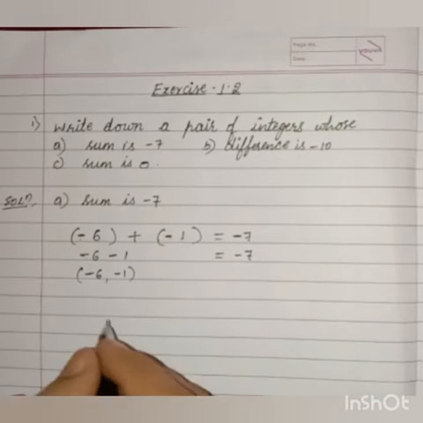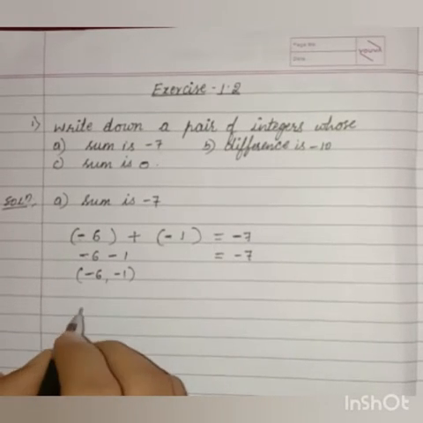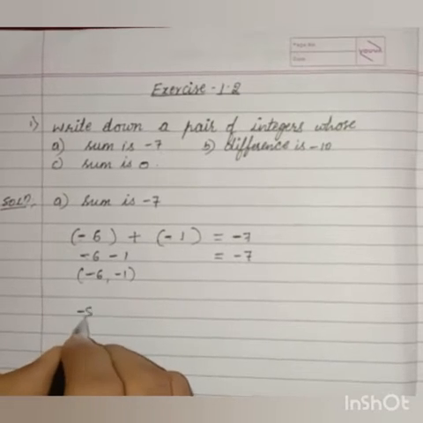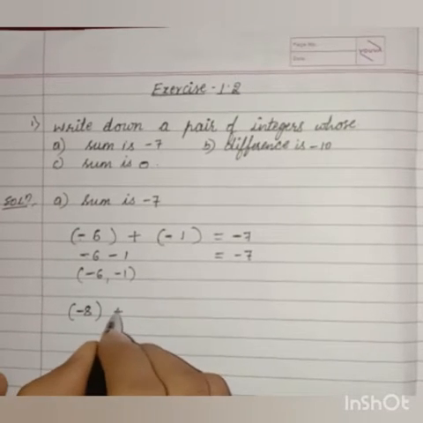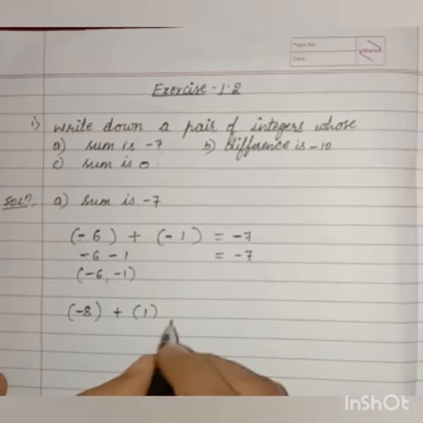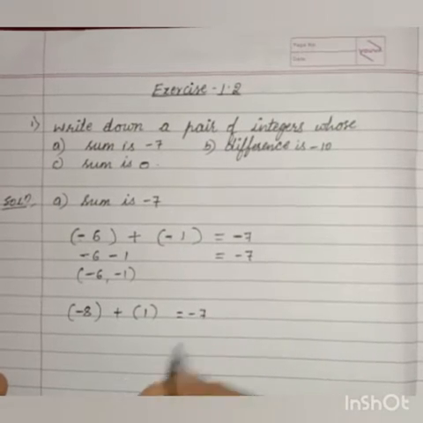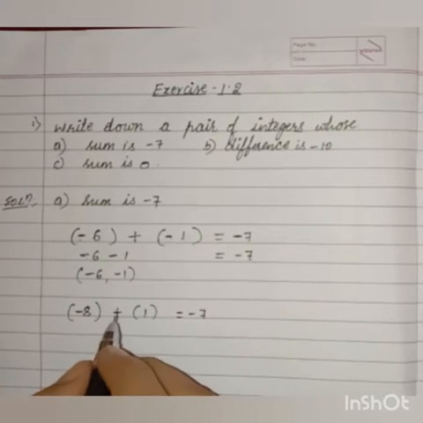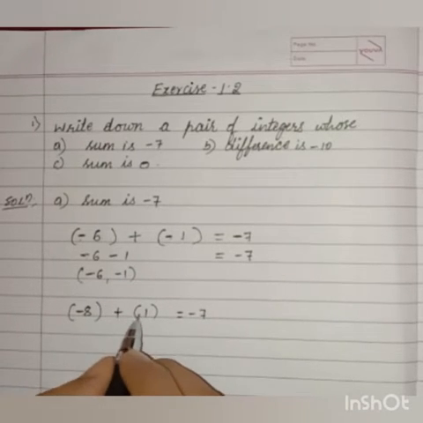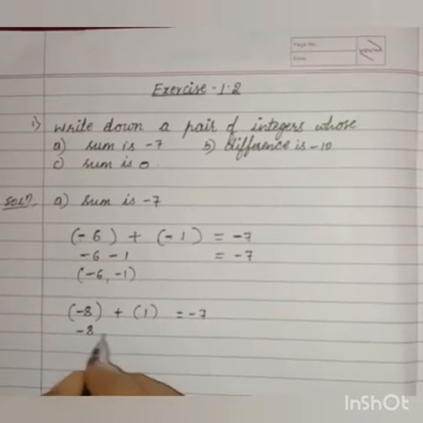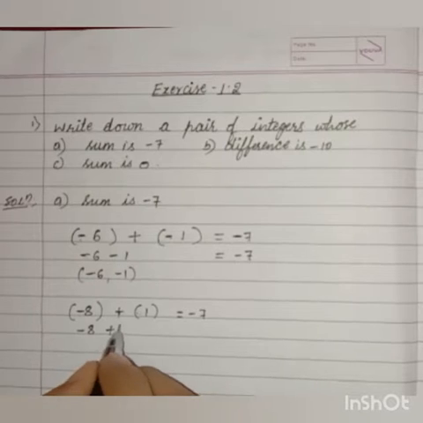Okay. Now let us take one more example. -8 plus 1 is equal to -7. Now here, let us multiply plus into plus. -8 as it is, plus into plus is plus 1.